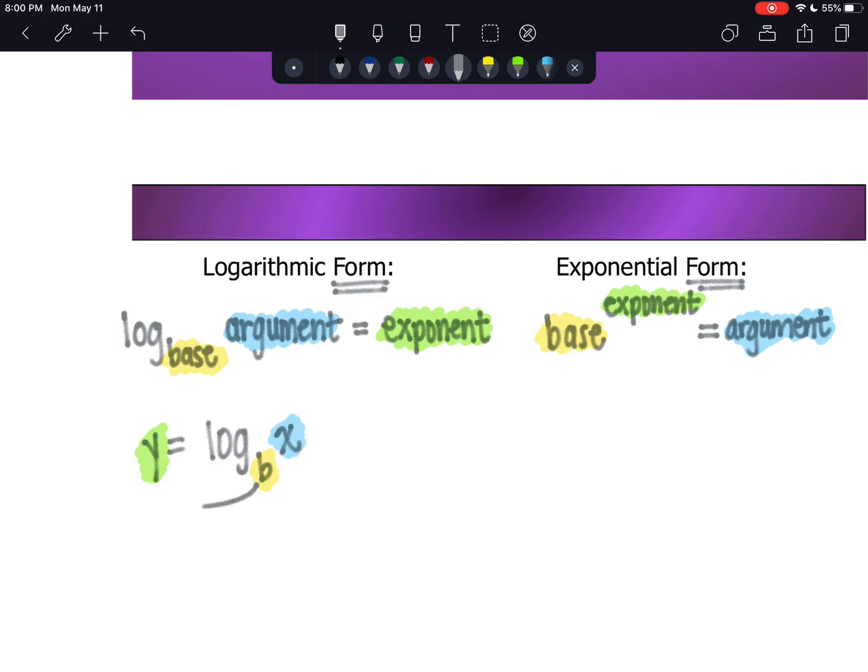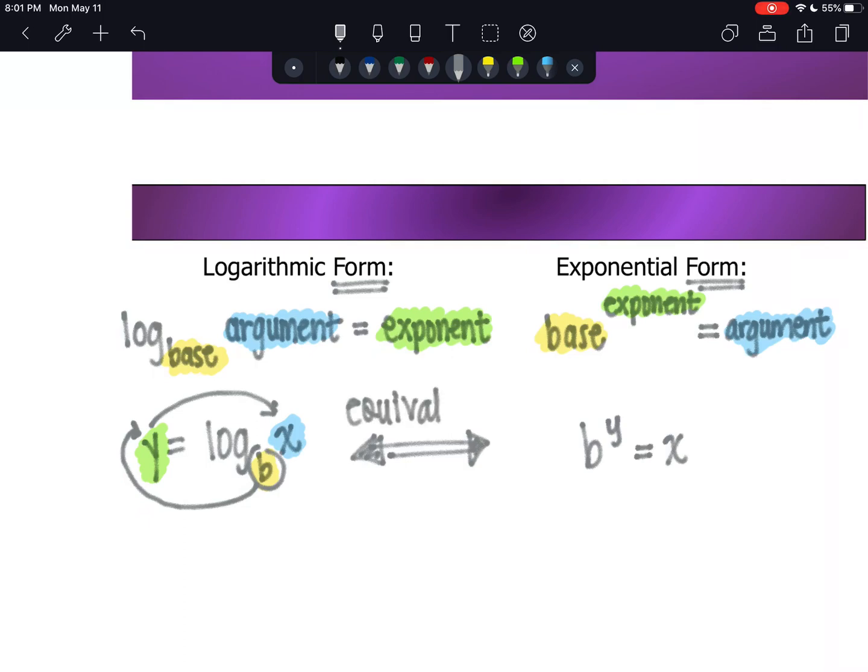So we have a base raised to an exponent, and then that exponent equals the argument. So b raised to the y equals x. And now I'm going to write this right next to it because that's the equivalent in exponential form. So these two equations are completely equivalent.